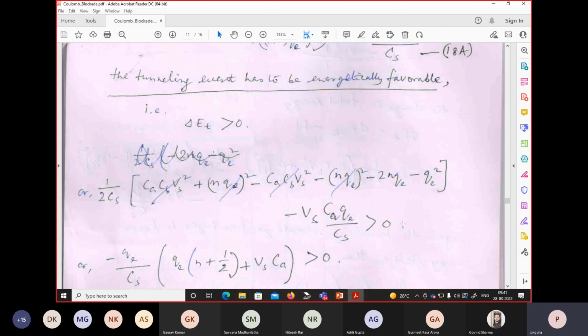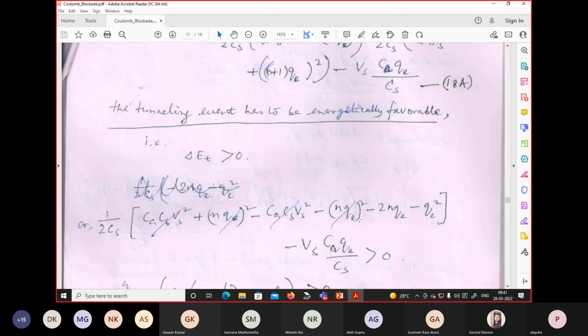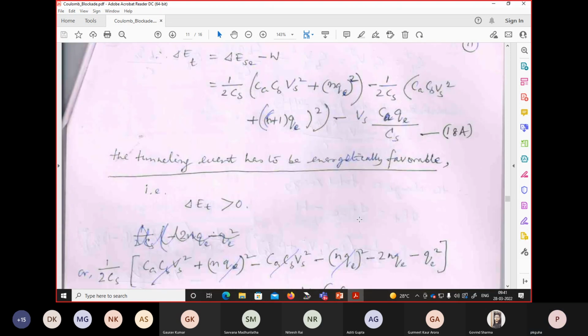I appreciate it, because in the last 3-4 years nobody pointed this out. I'm really impressed that you did calculate and check the steps. So the mistake is that 2n QE square should be here. Right. Yes, sir. Okay.